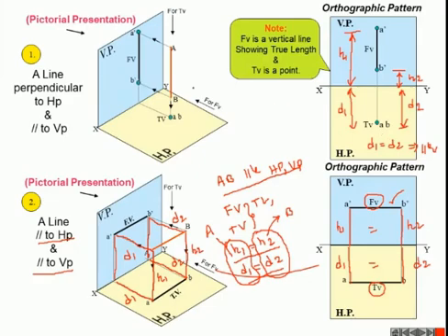This length is H2, and this length in front distance is D2. Similarly, this is H1, the above distance, and this one is the in front distance D1. In this way we can easily draw the projection of a straight line in simple position.